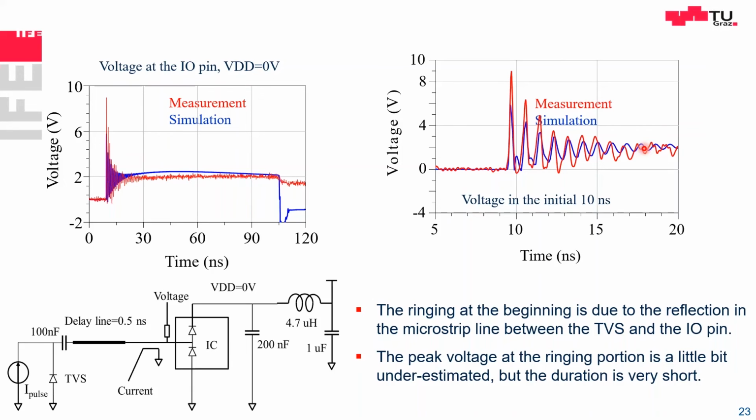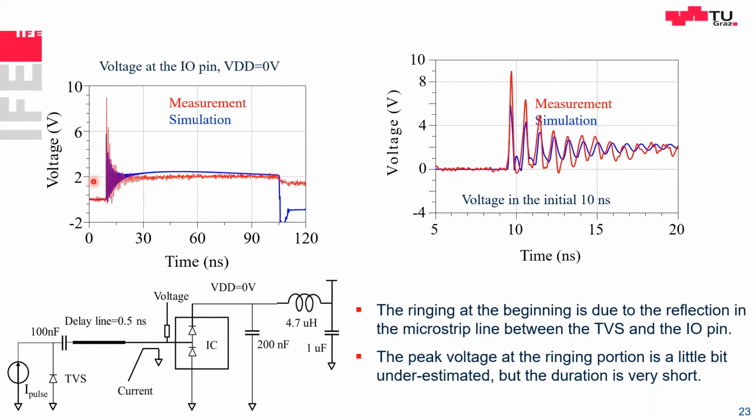It rings at the natural frequency of the transmission line, and the transmission line is 0.5 nano. So the natural resonance is at 1 nano, 1 gigahertz. That's the ringing we see here. And then there are losses in the trace and the diode. So the ringing stops because the ringing energy has been dissipated. Then it reaches a static value, 2 volt at the pin. That's quite an acceptable value, as the current will be relatively low.